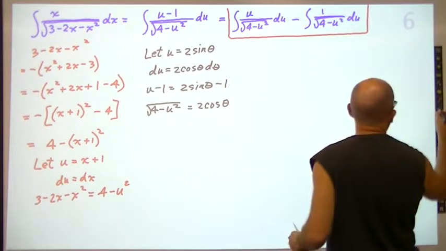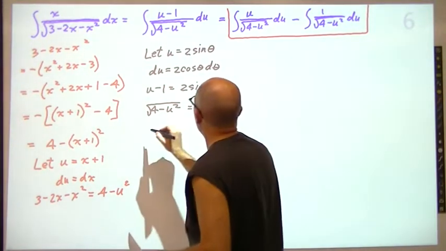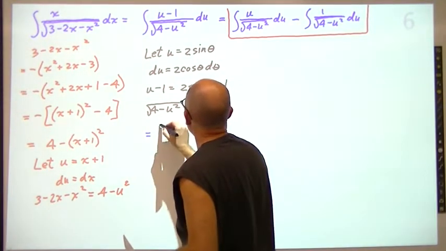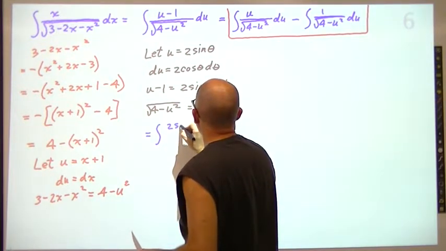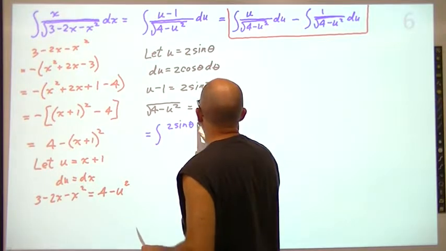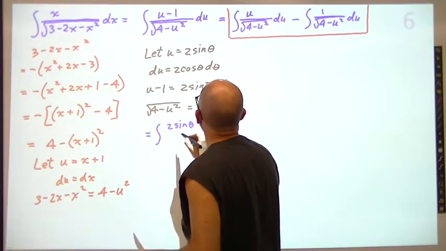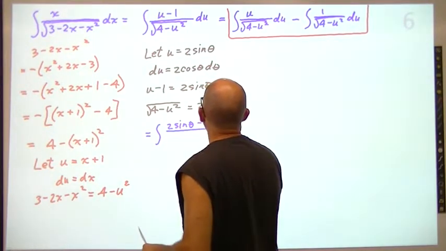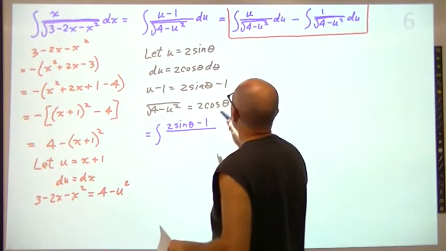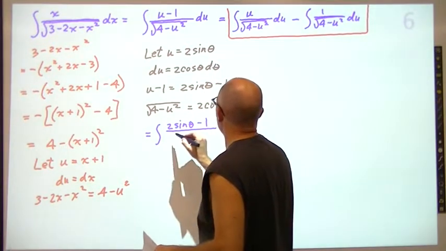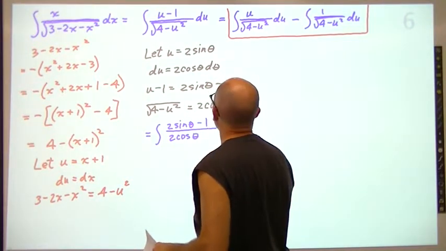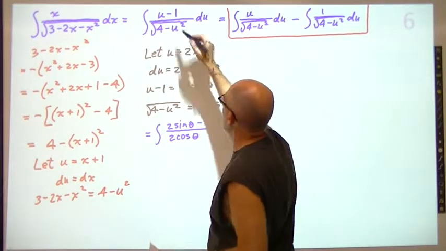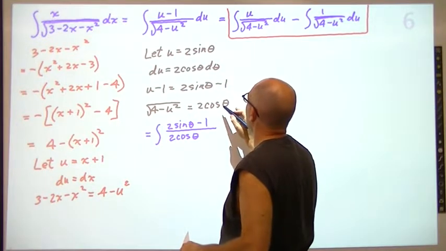So our integral then equals u minus 1, which is 2 sine theta minus 1, over the radical, which is 2 cosine theta.